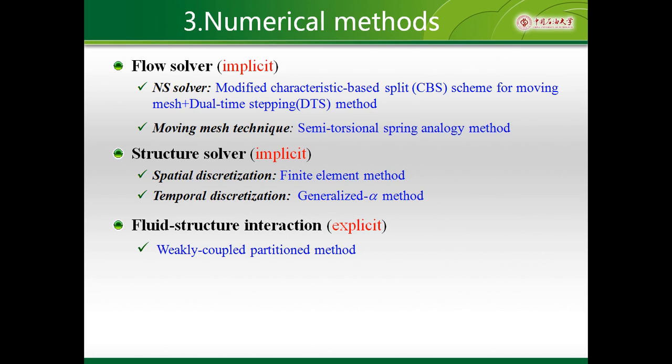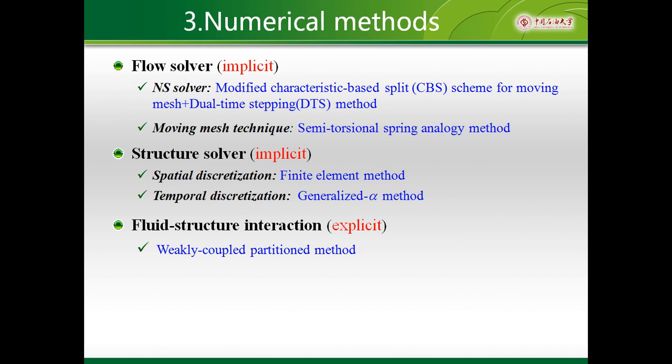In the flow solver, a modified CBS scheme is coupled with the dual-time stepping method and the semi-torsional spring analogy method. In the structure solver, the finite element method is used for spatial discretization, while the generalized alpha method is employed for temporal discretization.